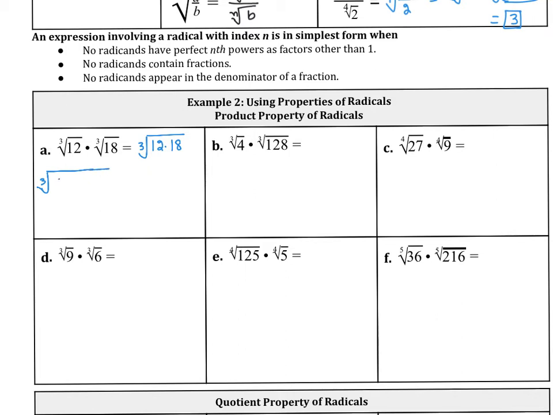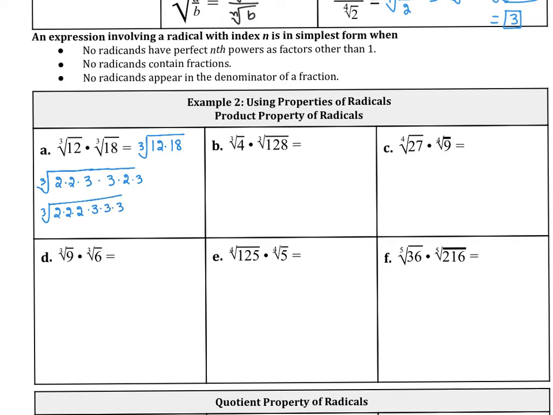Here for 12 we have 2 times 2 times 3. And for 18, you have 3 times 2 times 3. So you can see that there are 2 times 2 times 2, and there are 3 times 3 times 3.